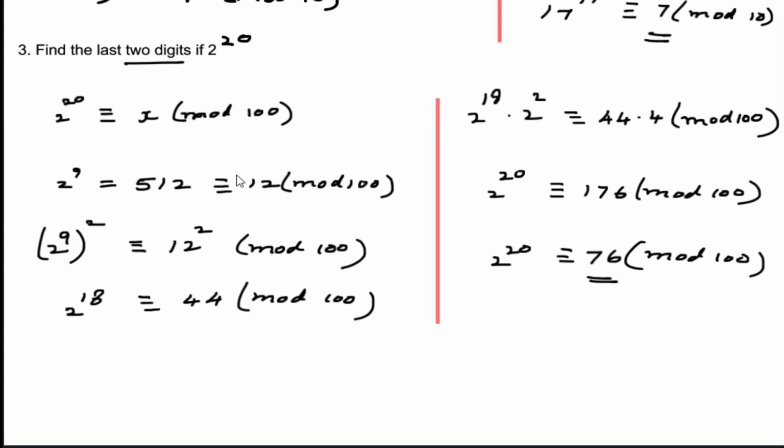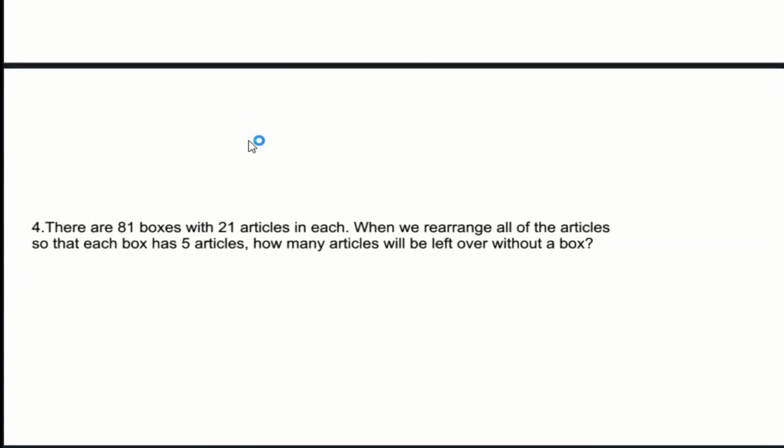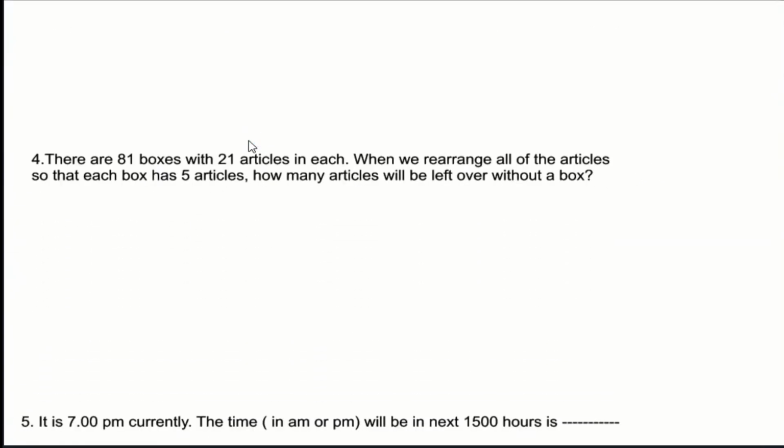Now we'll move on to the next question. There are 81 boxes with 21 articles in each. When we rearrange all of the articles so that each box has 5 articles, how many articles will be left over without a box? So totally, 81 times 21 is 1701.